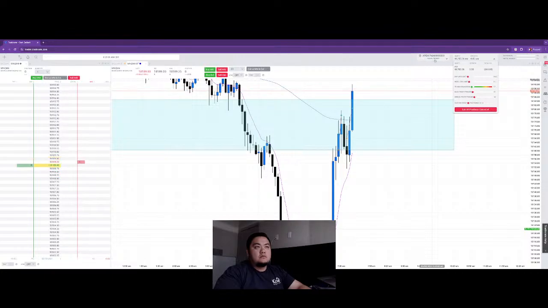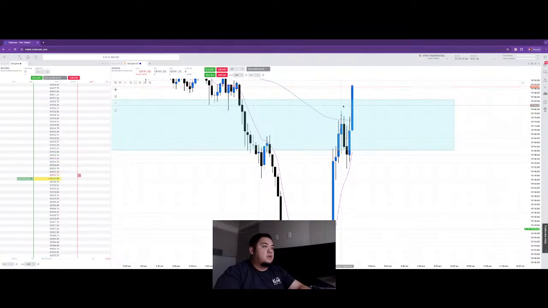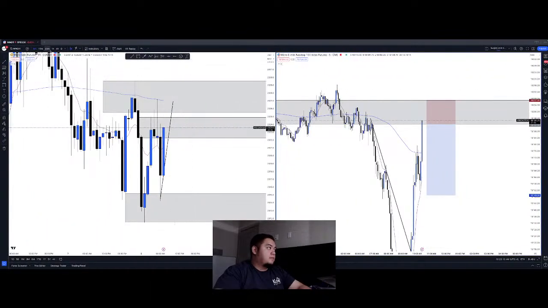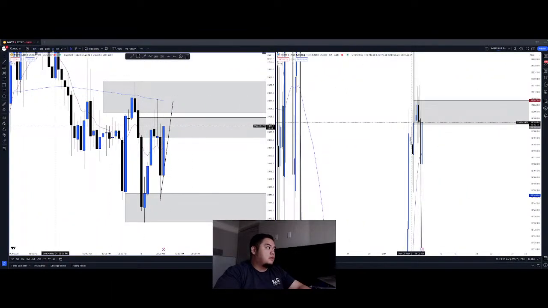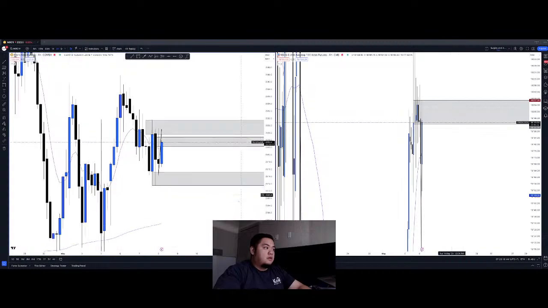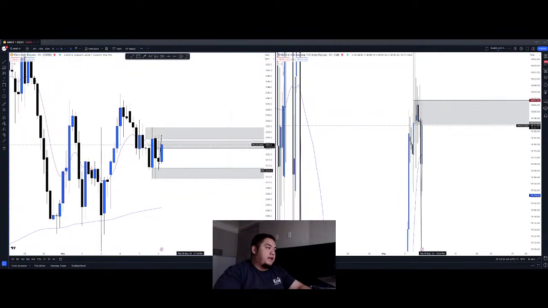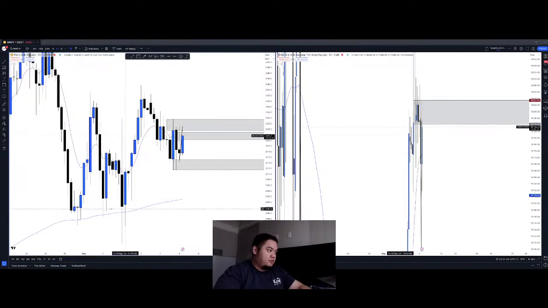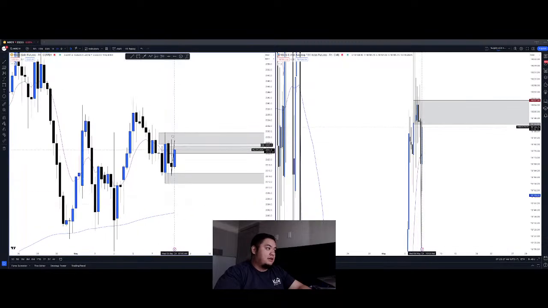You know what though, man? I'm looking at the 4 hour right now, and even on the 4 hour we created a higher low, right? Yeah, I mean, triple bottomed here, and then we now created a lower high.